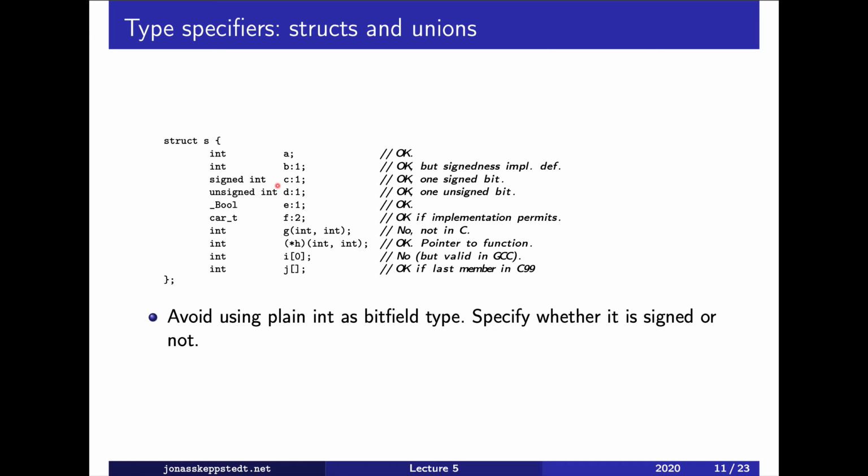Okay, so if we really want signed int, then we should write signed int or unsigned int. Unfortunately, or actually fortunately, instead of 1, we are not allowed to write 1024 and get a very huge bit field.